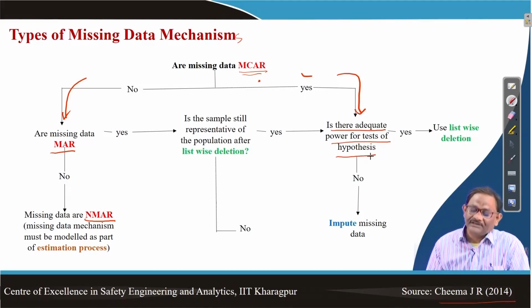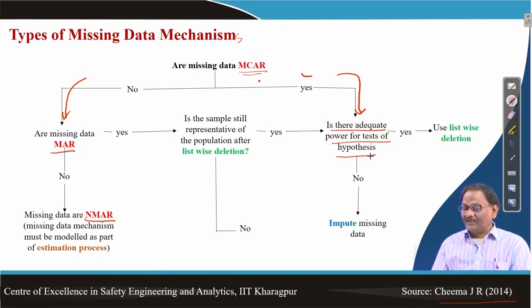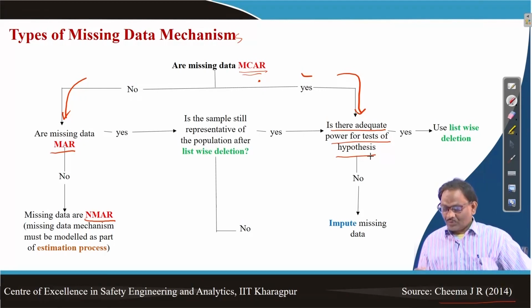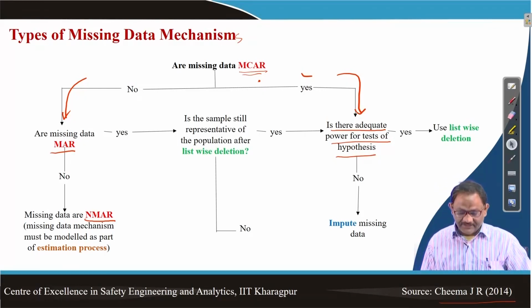So now the question is whether you delete that particular case or not, and accordingly your complete data set will be generated. So I will come back to this slide again. Let me go to the next slide.